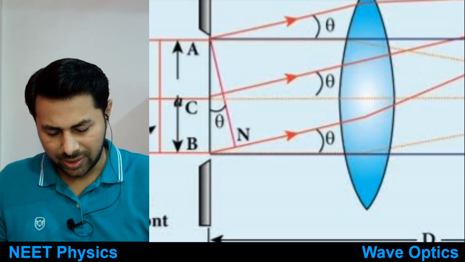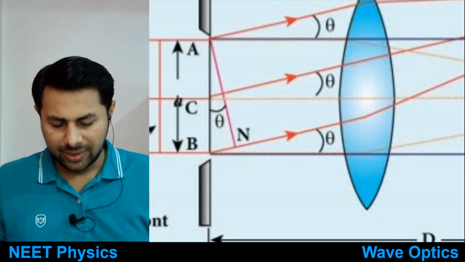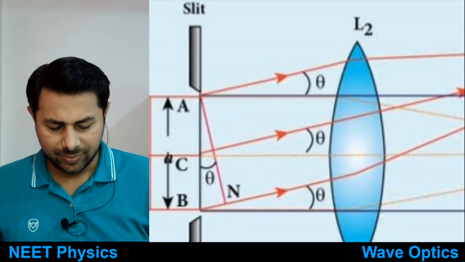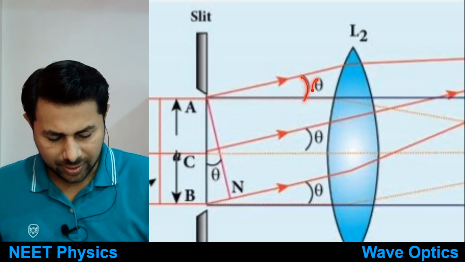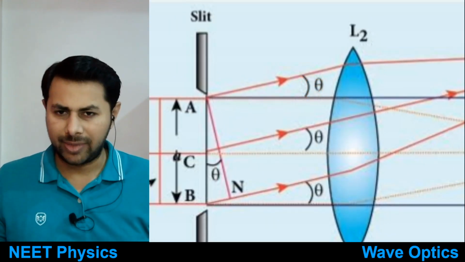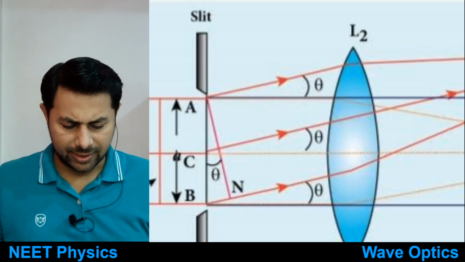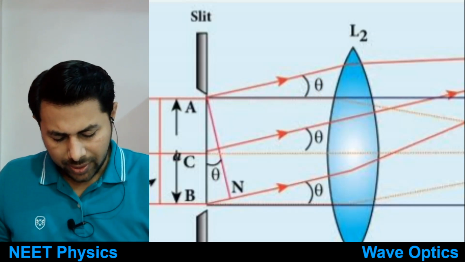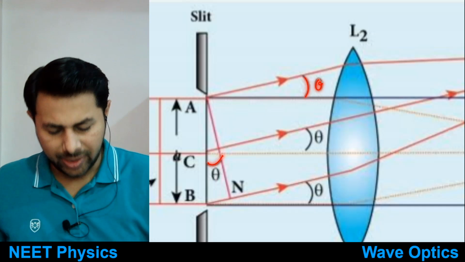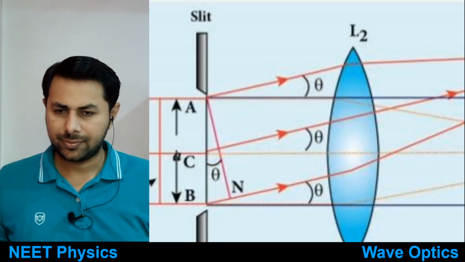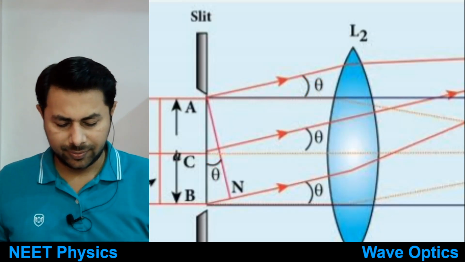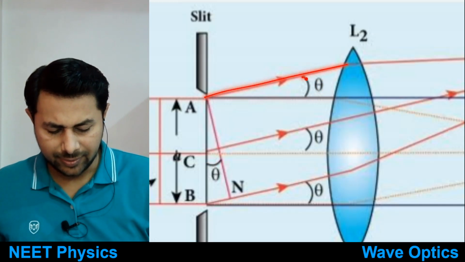Now if light rays are bending with an angle theta, you can see this is the angle of bending, the angle through which light rays are bending. This angle and this angle would be equal. Can you see that this angle is theta?